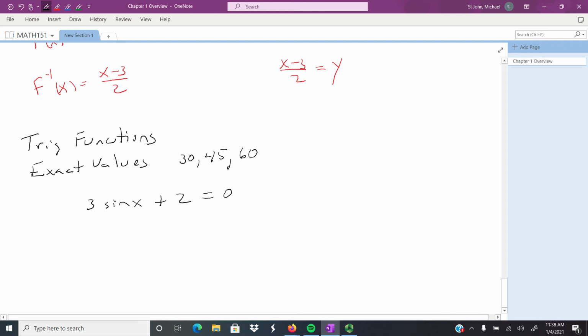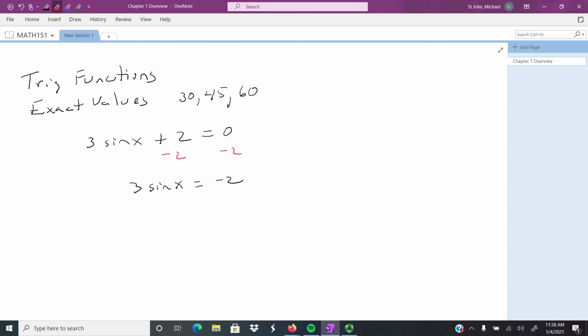First thing I do is subtract 2, so we get 3 sine x equals negative 2. Then I divide by 3, so sine x equals negative 2/3.